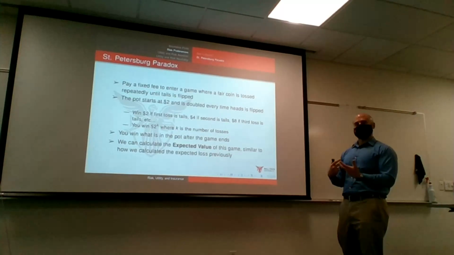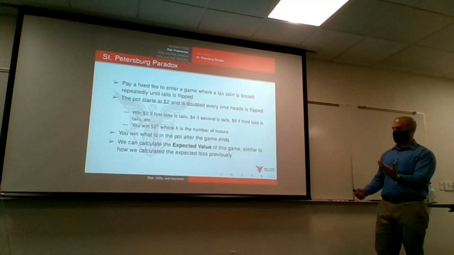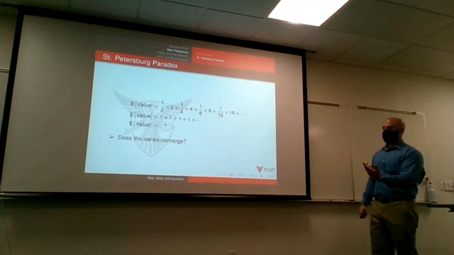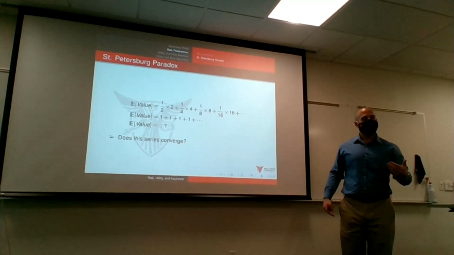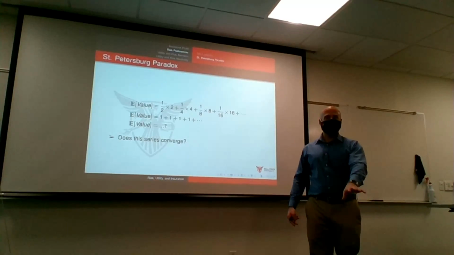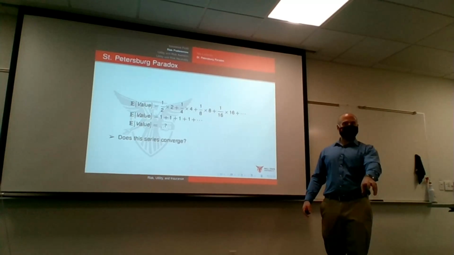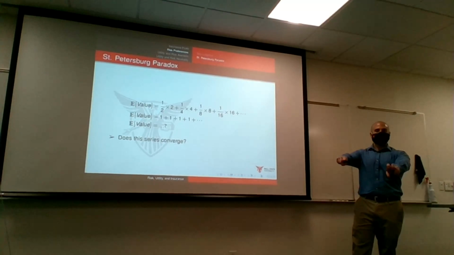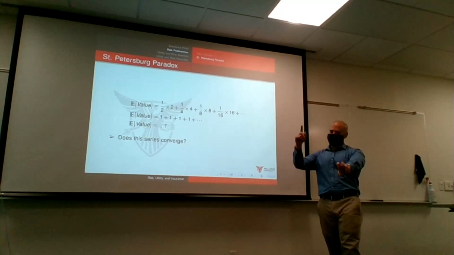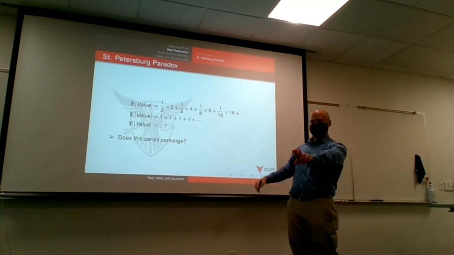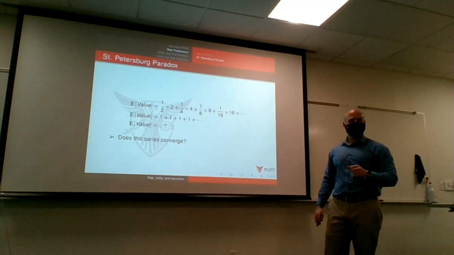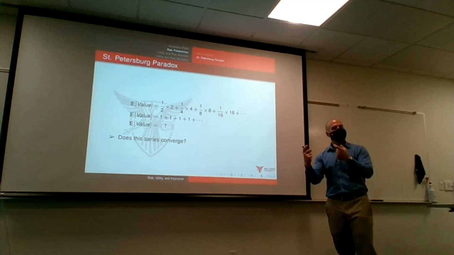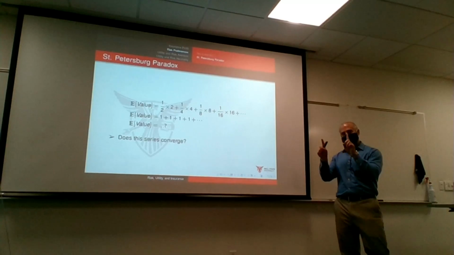So if we were to try to attribute an expected value to this, we will get a series that does not converge. So there's a 50% chance from the first go. But it's conditional, so it's a 25% chance, then 12.5, then 6.25, and so on and so forth. Or a better way, 1/2, 1/4, 1/8, 1/16. So we have this infinite series summation of 1.